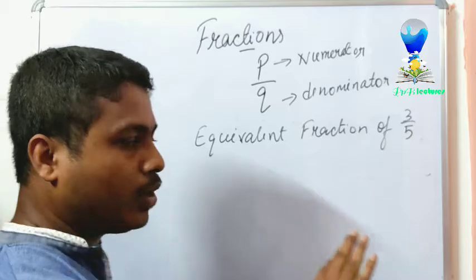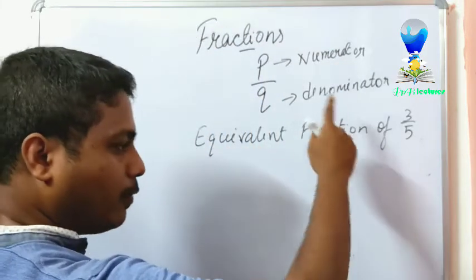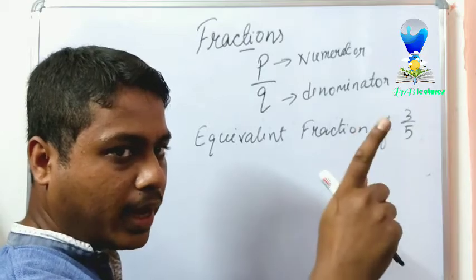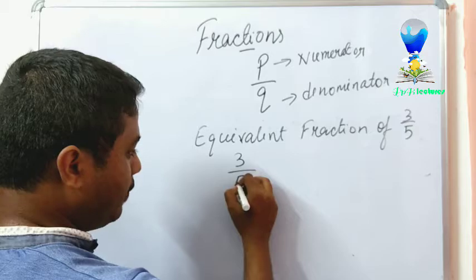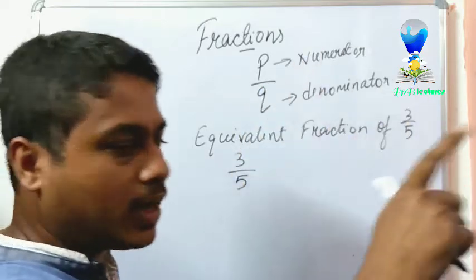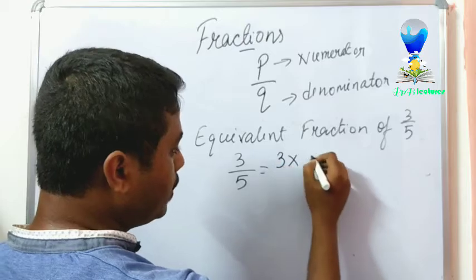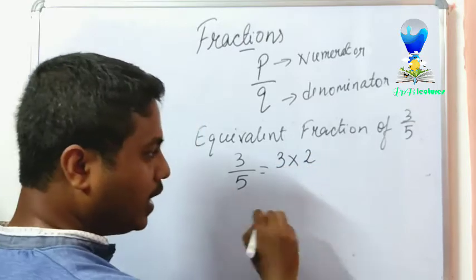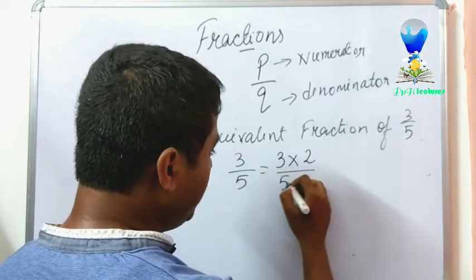Remember that when we convert this into an equivalent fraction, the fraction that we'll be getting should be equal to 3 by 5. Like suppose you have 3 by 5, convert this into an equivalent fraction. You do one thing, multiply a number, suppose 2, that number should also be multiplied below, that is 5 into 2.